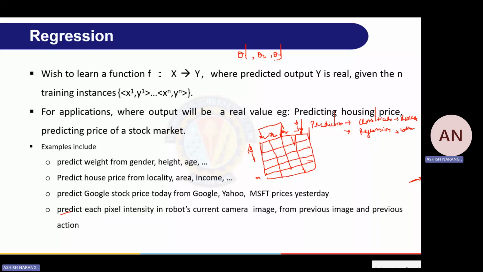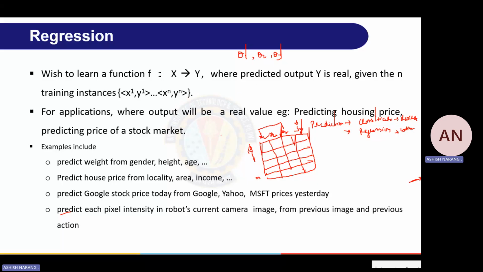So the objective in a regression problem is to learn these weights theta 0, theta 1, theta 2, theta 3 by training a model. And once I have learned the weights, they can be used to predict the house prices of the future houses which will be sold, right? That's the idea behind regression problems.